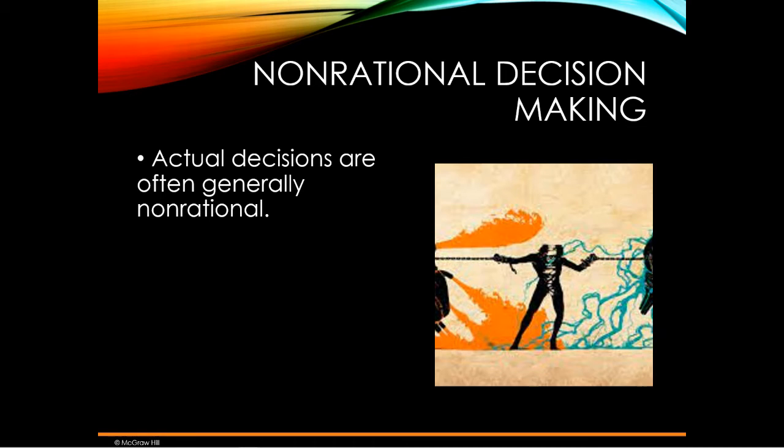So actual decisions are generally non-rational, though. And this is due to the fact that we have incomplete information. We're not always objective. The information that we seek out is incomplete. It's not really the optimal amount that we want. So most of the time we end up with a non-rational decision-making process because we don't have all that information, because we have objectivity issues, because we don't have folks maybe willing to carry out things the way that we want them carried out.